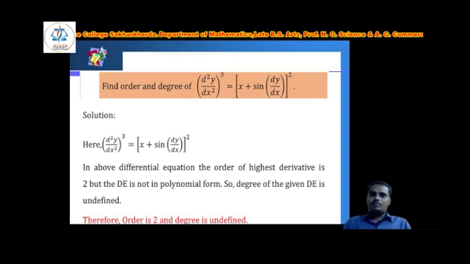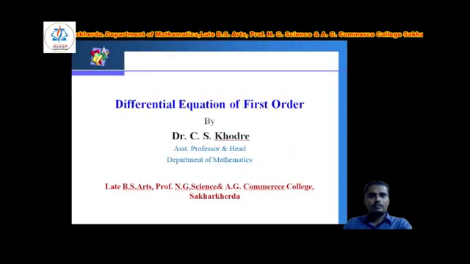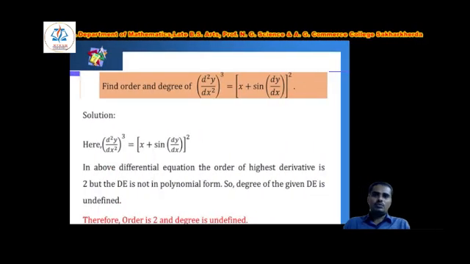Now the second example: find the order and degree of (d2y by dx square) to the power 3 equals x plus sine of (dy by dx) whole square. First we have to simplify the example and then find the order and degree. Here (d2y by dx square) to the power 3 equals x plus sine (dy by dx) square.